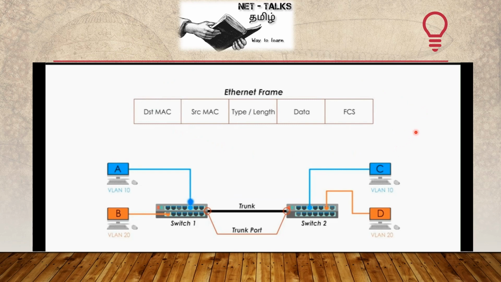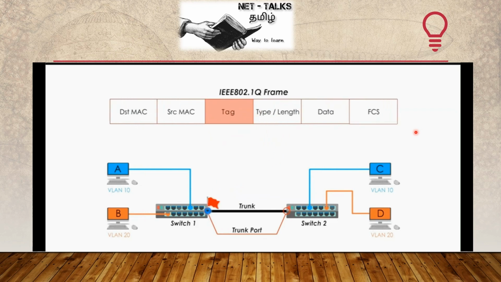Then the normal Ethernet frame will come to the switch port. When it is passing to the trunk port, it will get flagged with VLAN tagging. It will contain the VLAN information, which is 12 bits. Yesterday while we were discussing VLANs, we saw that the VLAN identifier is 12 bits.